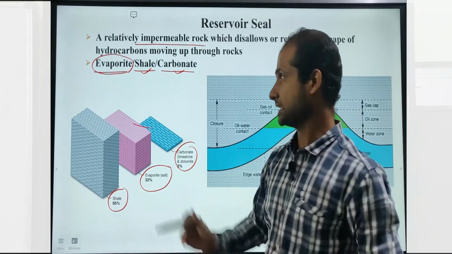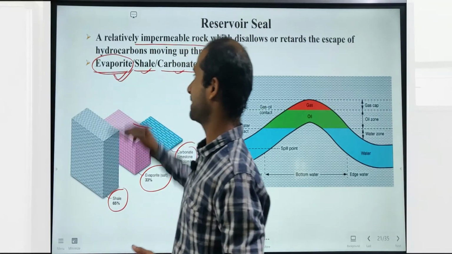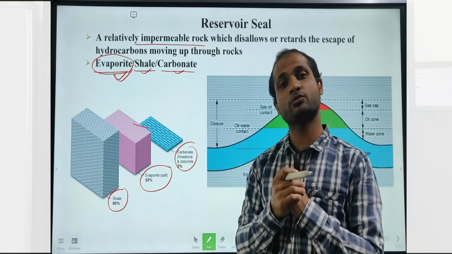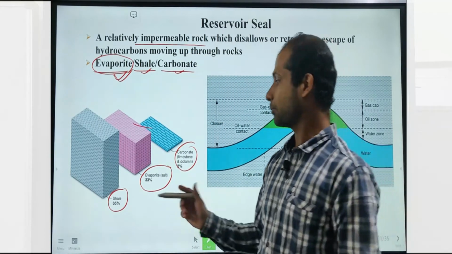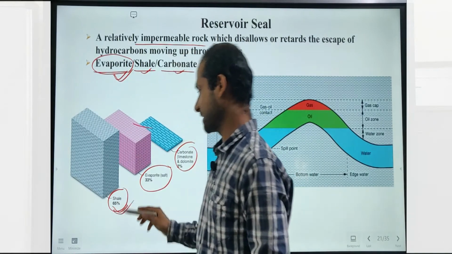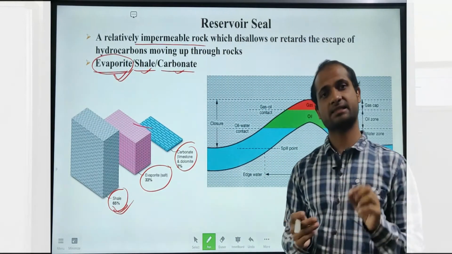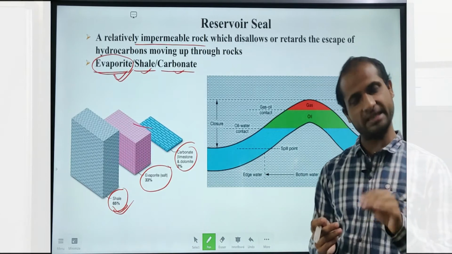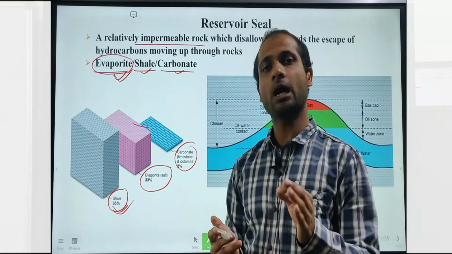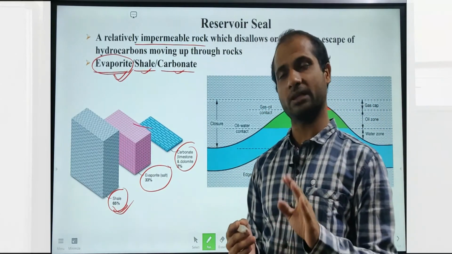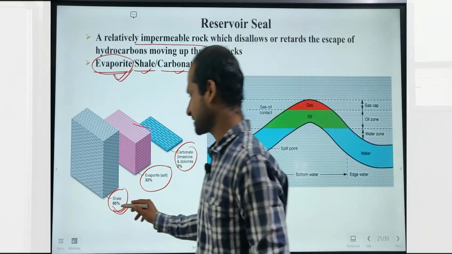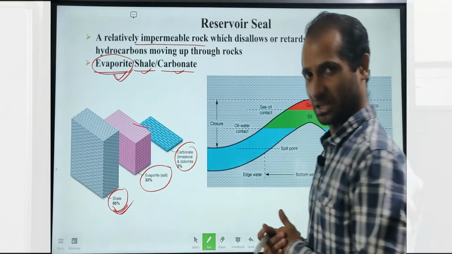Which one is the best seal? The evaporite is the best seal. Which one is the most abundant seal? The most abundant seal is the shale. Shale has some porosity but is impermeable, so shale can act as a good seal.